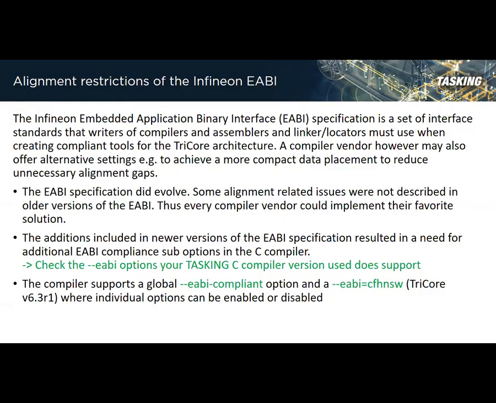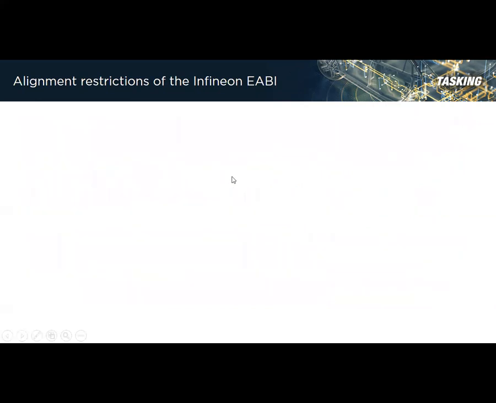So there have been some changes in newer EABIs. Just be aware of that. You can have a peek in the Infineon EABI spec, and you should know that the compiler supports EABI options to enable or disable individual EABI features or requirements.